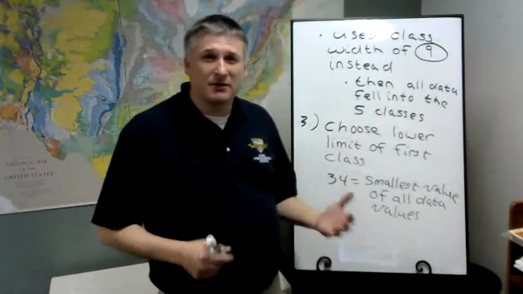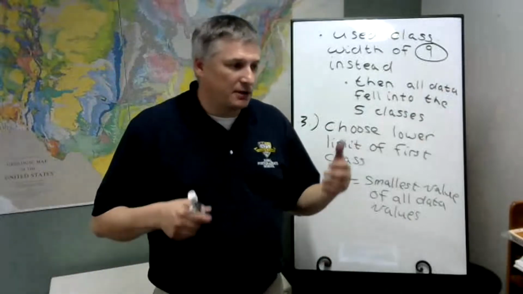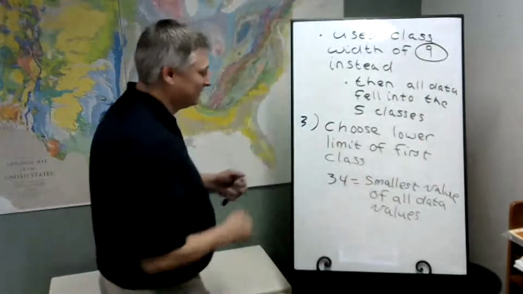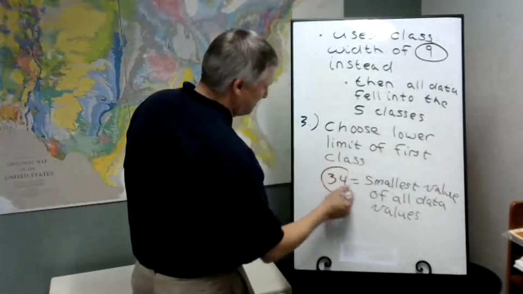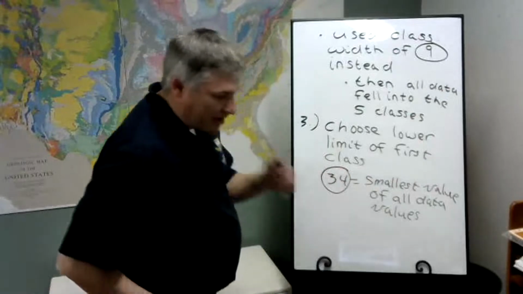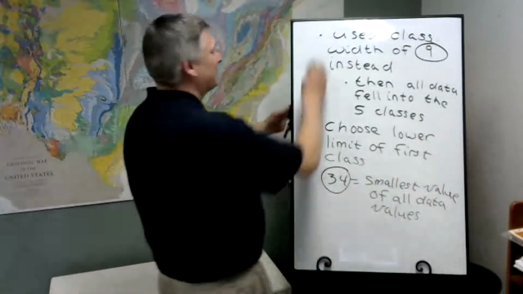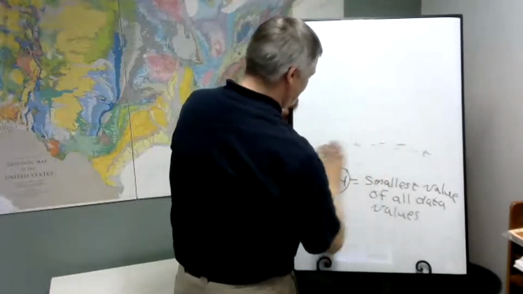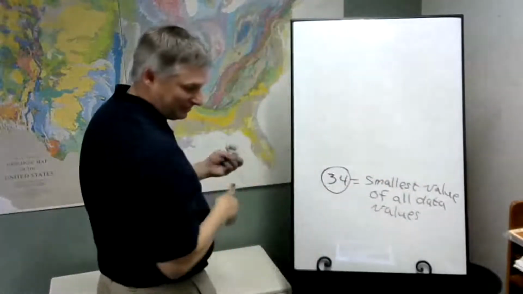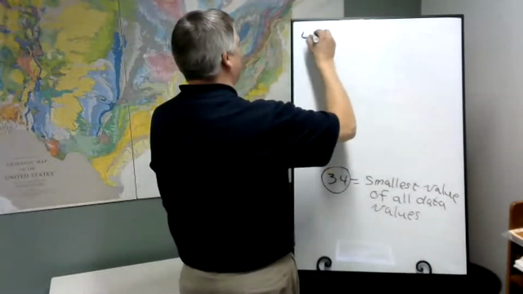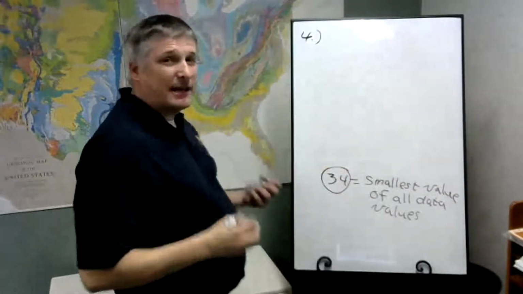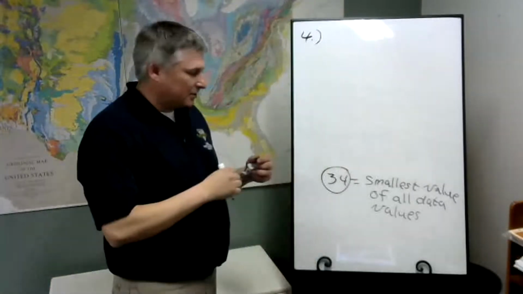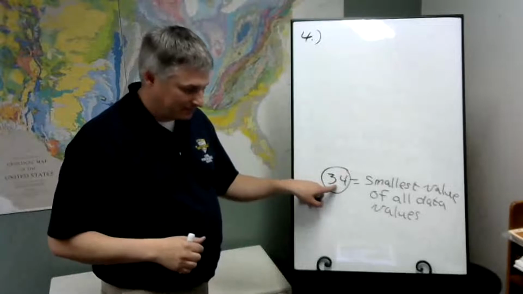I'm going to use my smallest data value to start the lower class limit of the first class. So we're going to do this. Now we can construct our classes. So we're going to take that class width, which was 9, and then we're going to add it to our first lower limit.